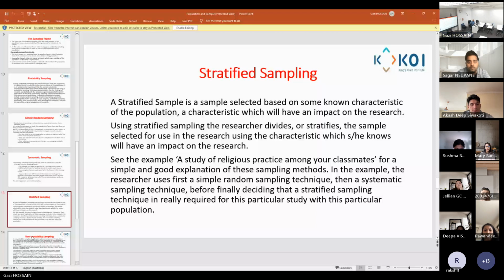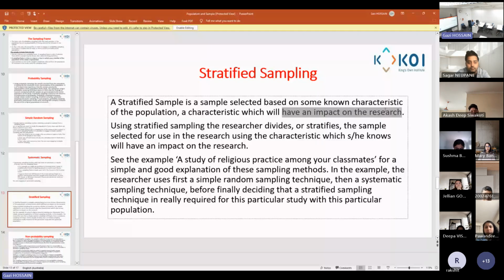So when we select our sample, we must select those bank managers who have been using either of these software. Therefore, we are saying it does have an impact on our research. And the known characteristic of the population is using that software for the last 3 years.